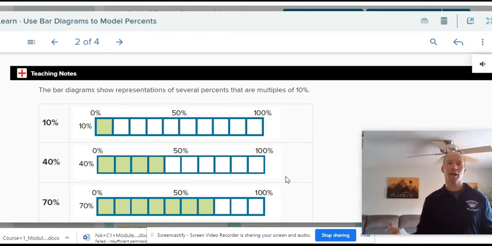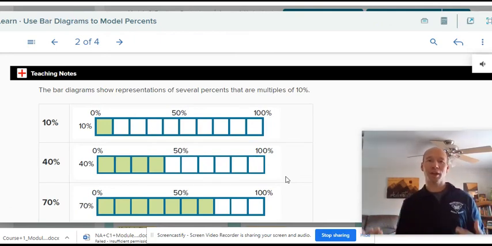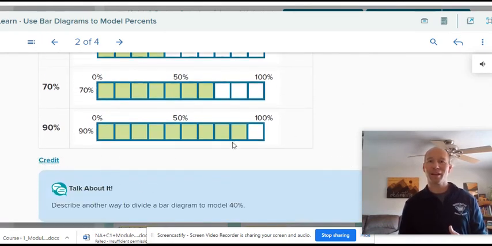So if each of those boxes is 10%, then one shaded would be 10%. 4 of them shaded would be 4 out of 10, which is 40%. Or 7 out of 10 would be 70%. 9 out of 10 would be 90%.